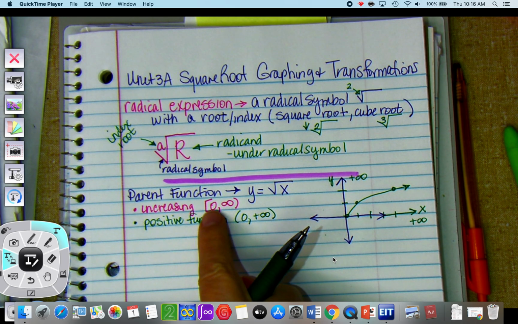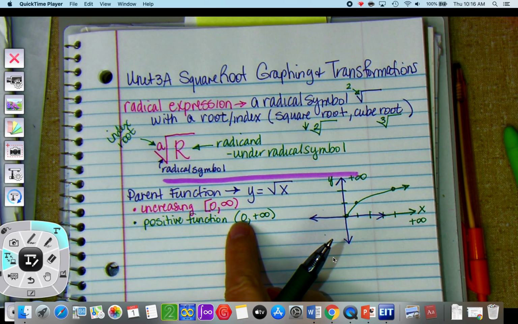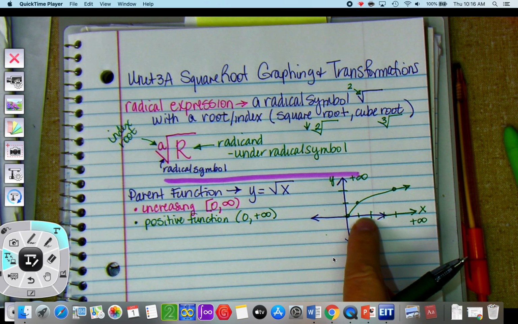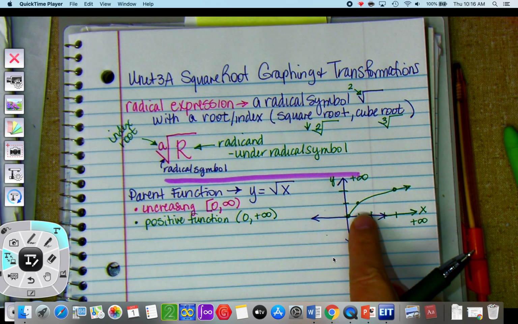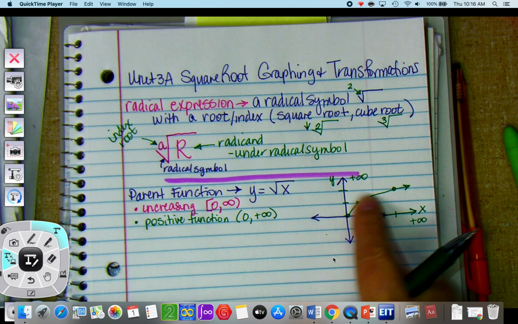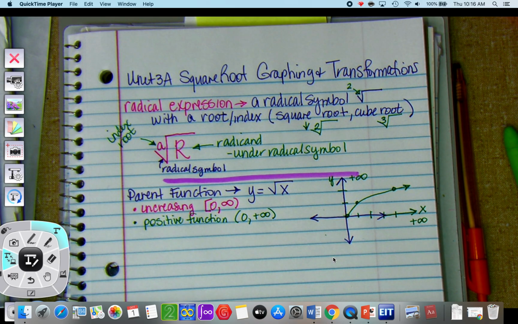Here we had the bracket because we're including the 0 because that point is at 0. Here we have a parenthesis because we don't include 0 because the y value is 0. But the y value for the next number on the x-axis gives you a positive y value. So from the x value of 0 to the x value of infinity, our function is a positive interval.